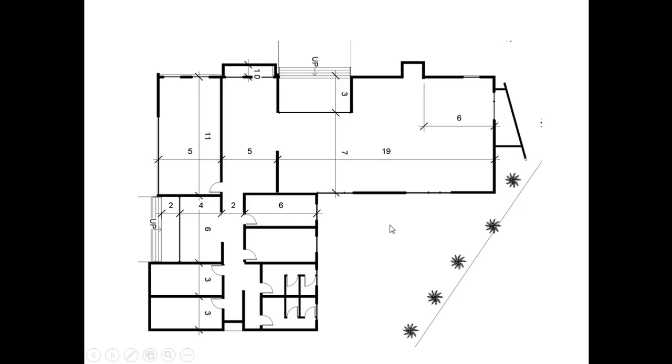This is the plan. You must pay attention that the number of steps here must be equal to here, because inside there are no stairs. Wall thickness is 20 centimeters. Dimensions for doors and windows are up to you.